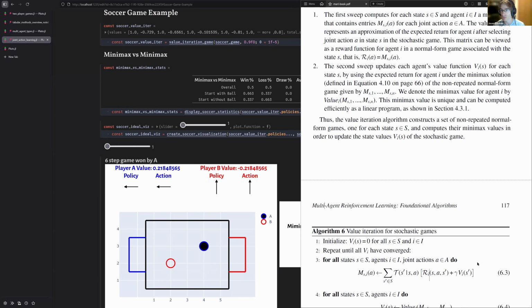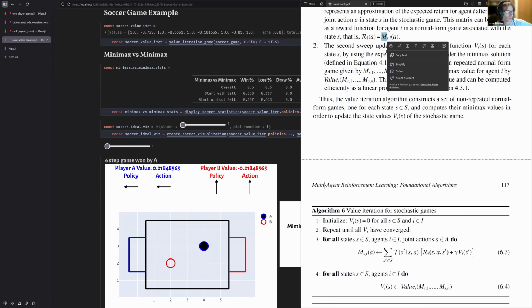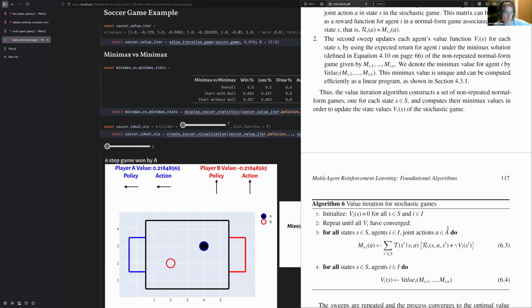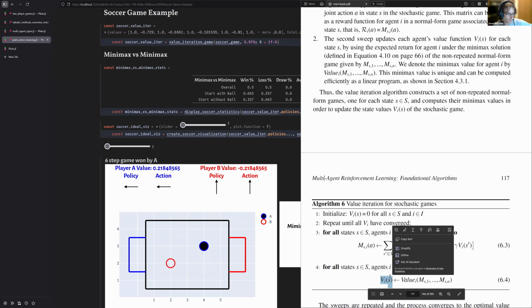But once this converges and these values are correct, then we can think of each state as if it's equivalent to a normal form game, but where the reward values, instead of just the immediate reward values, are constituted by these M values. And these M values, when they are converged, are going to depend also on all of the state values.